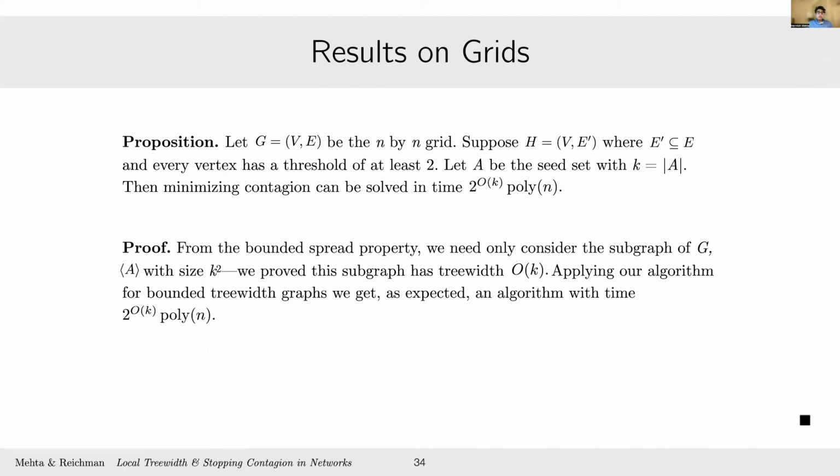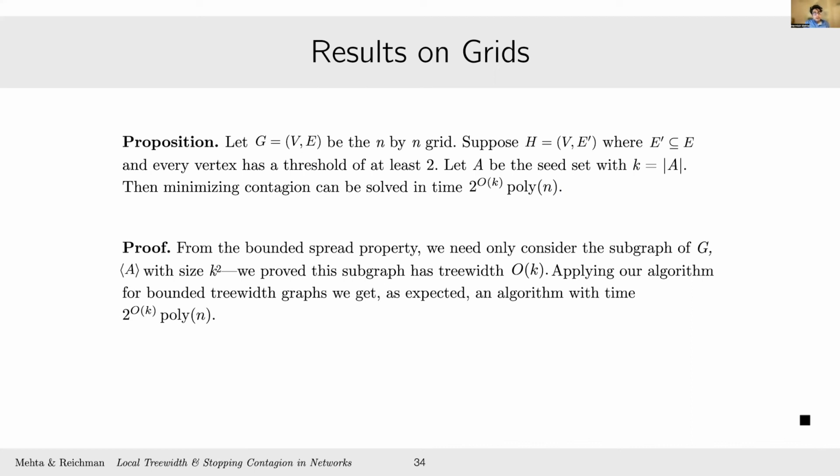Okay, so now let's put all of these pieces together. Let's say we have an n by n grid and we have some initial seed set of size k. From the bounded spread property, we only need to consider the subgraph of G that corresponds to all potential infections, which has size at most k squared.